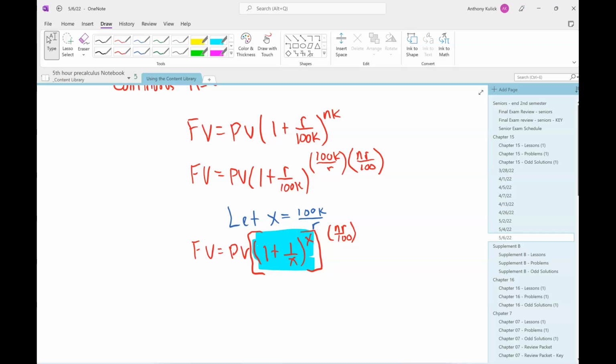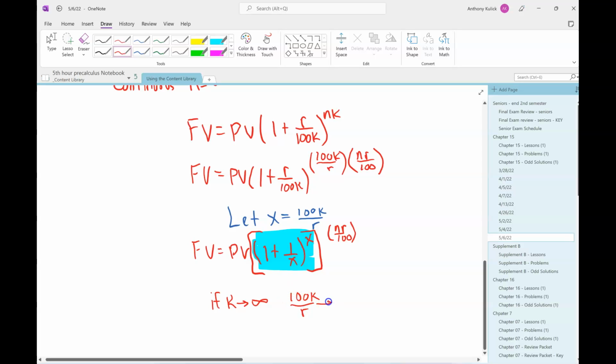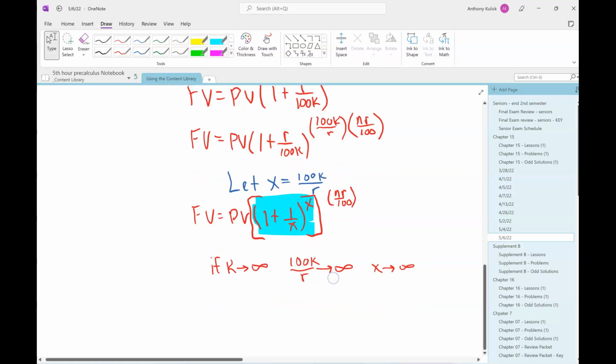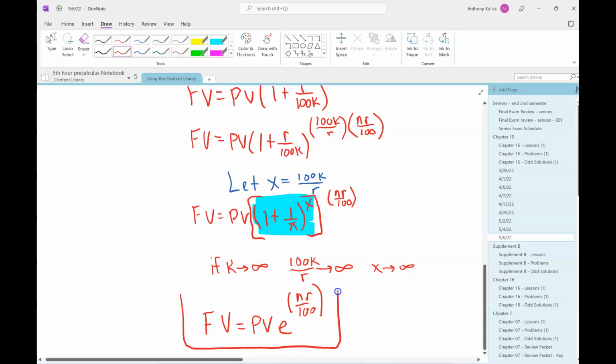And since I have k going to infinity, then I know certainly that 100k over r would be going to infinity, right? And that would imply then that x goes to infinity. So what that tells me then is I can just take all that stuff in blue and replace it with an E. And this is now our third interest formula.